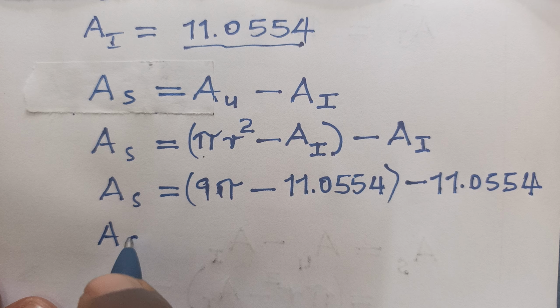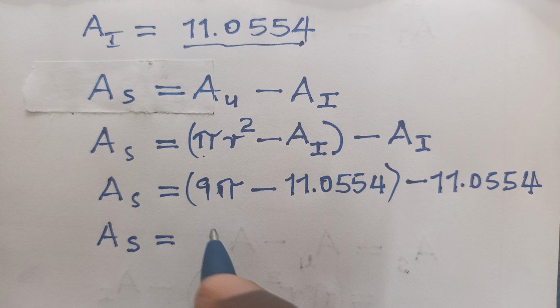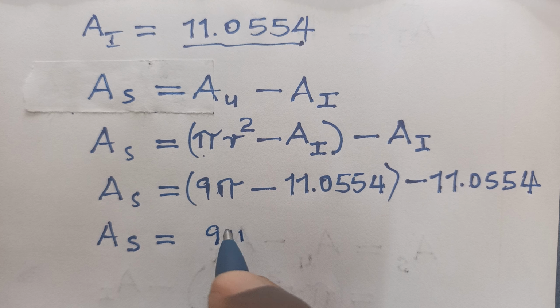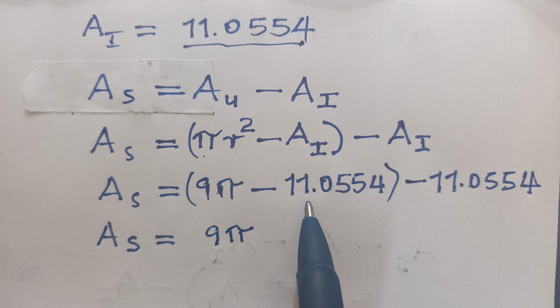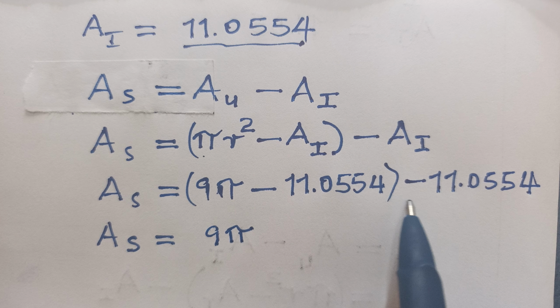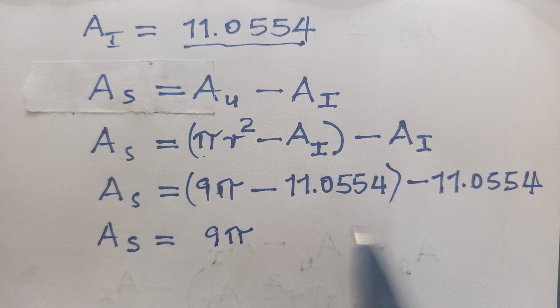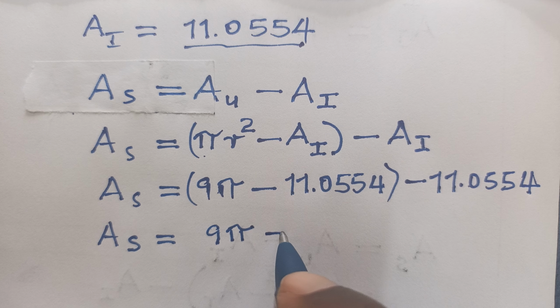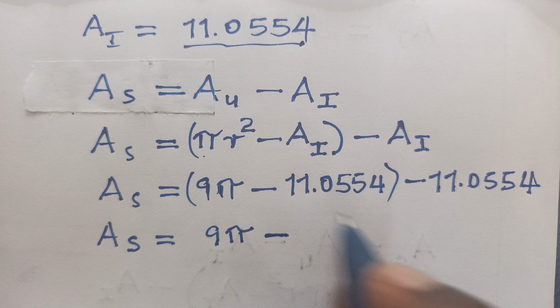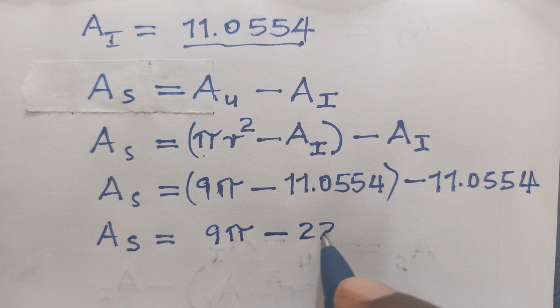area will now be equal to 9 pi minus 11.0554 minus 11.0554. Guys, you multiply that twice, it comes to 22.1.